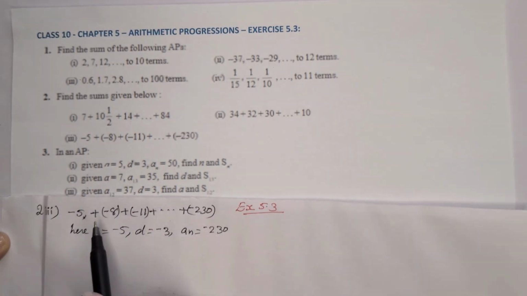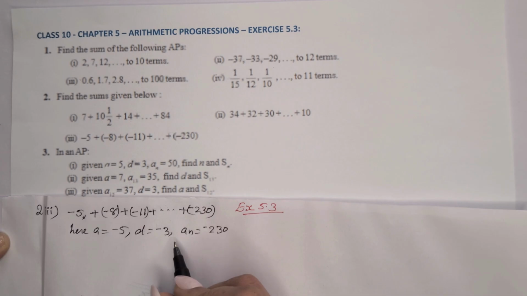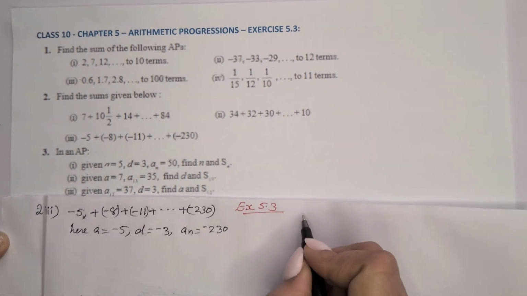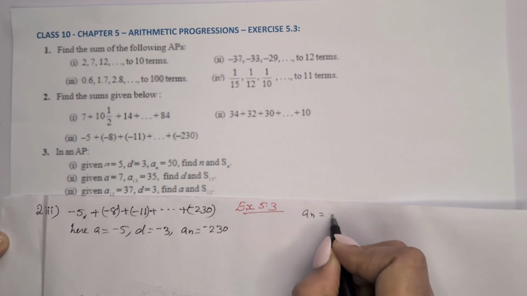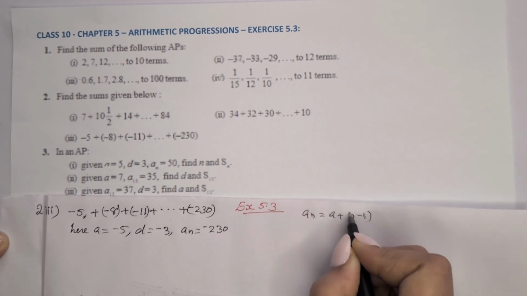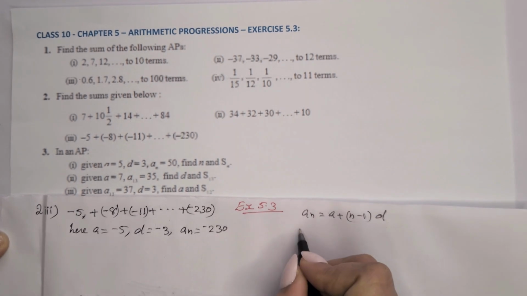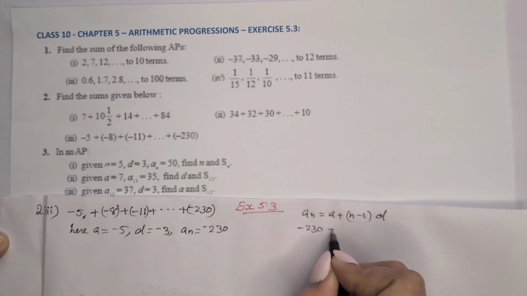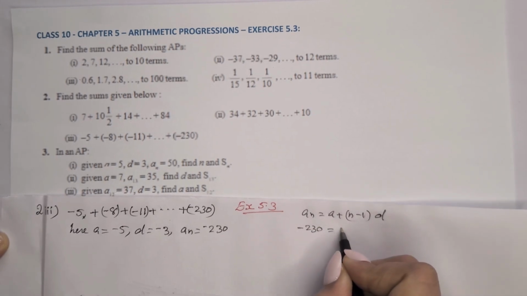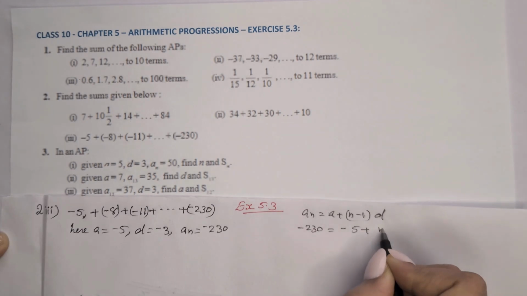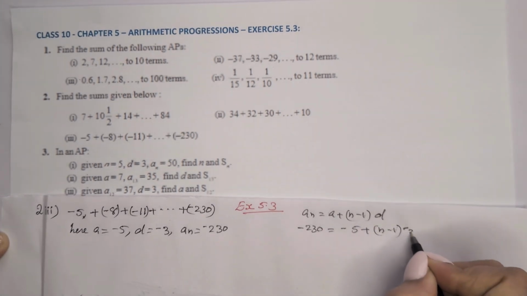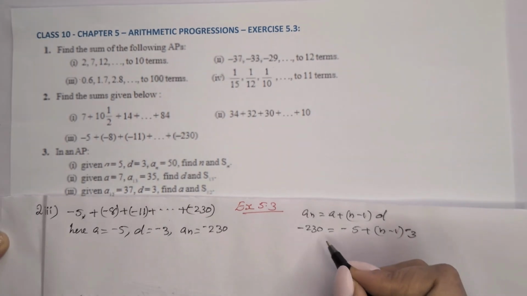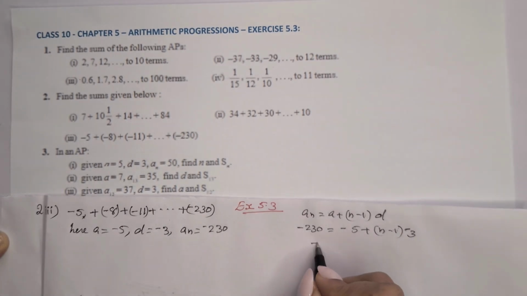Third one, minus 5 plus minus 8 plus minus 11 plus etc. Here a is equal to minus 5, d is equal to minus 3, an is equal to minus 230. So first we have to find n. For that, an is equal to a plus n minus 1 into d. Here an is minus 230, which is equal to first term minus 5 plus n minus 1 into d, which is minus 3. Move this minus 5 to the other side, it will come minus 225.